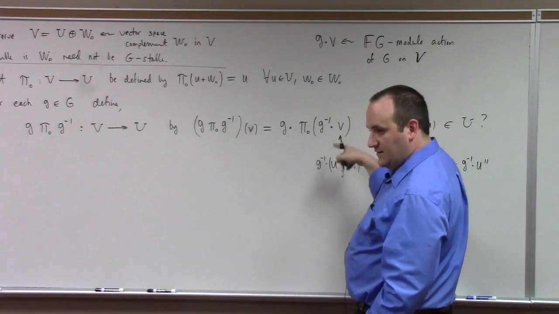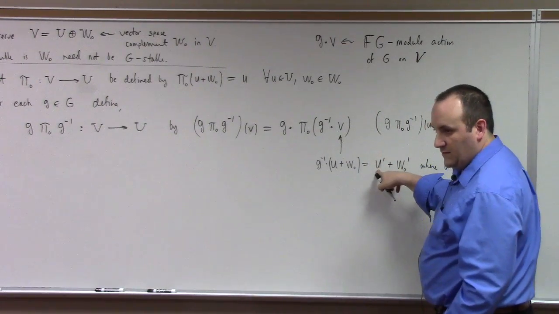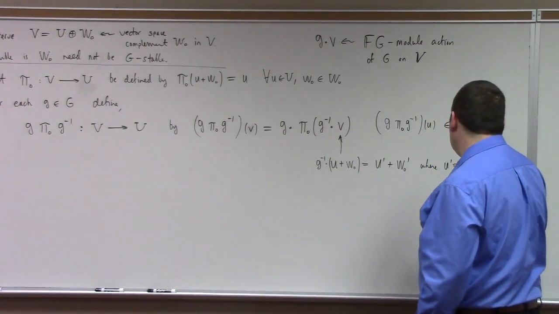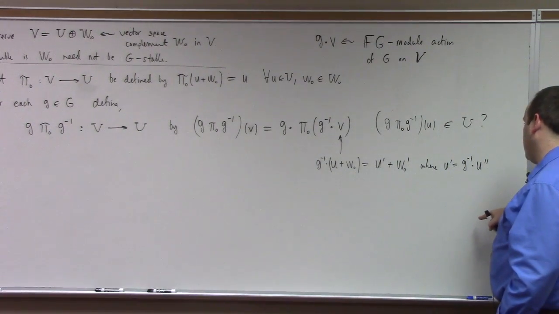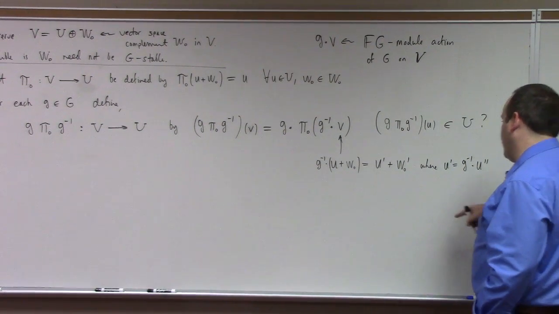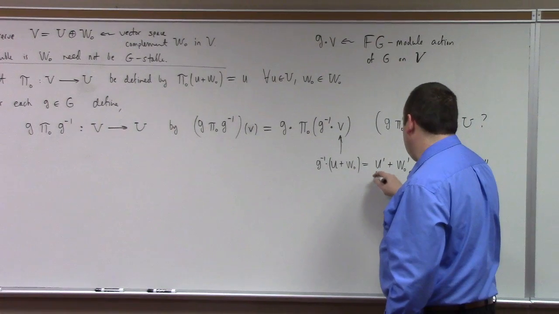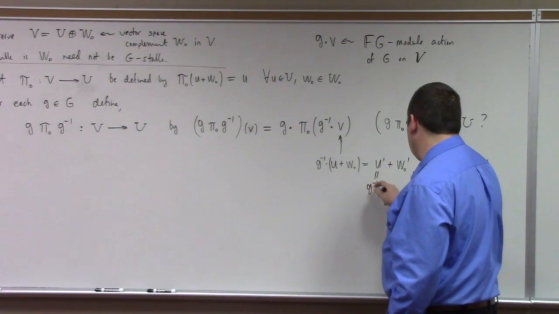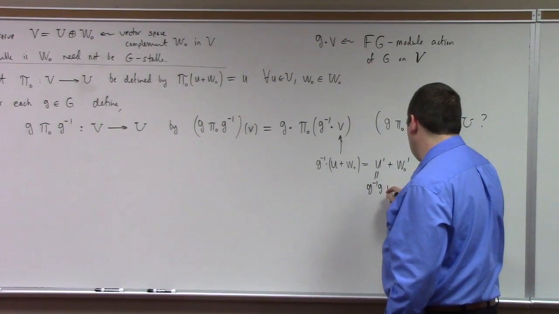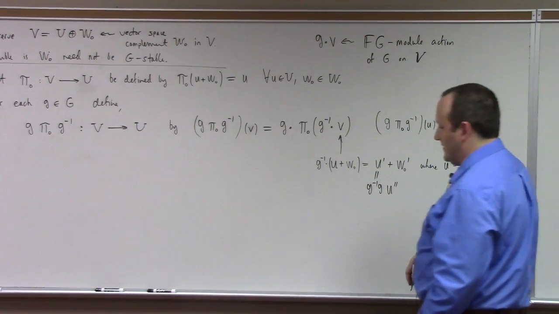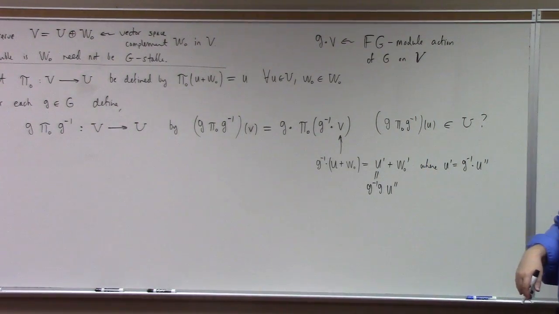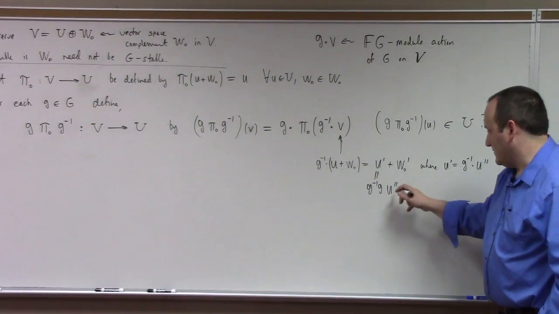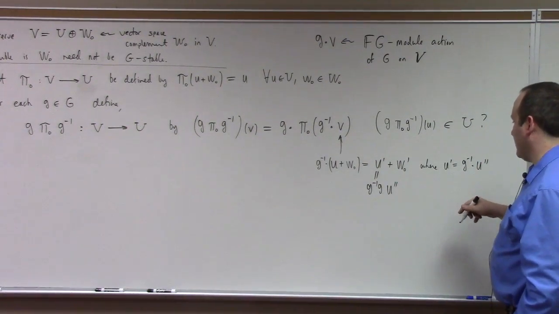And if it does rotate into the U sum, that is going to go into the U prime. Then once I have that, I can rewrite this as G inverse G U prime prime. It's kind of dumb, but I'm sorry, that's a different U prime prime prime.